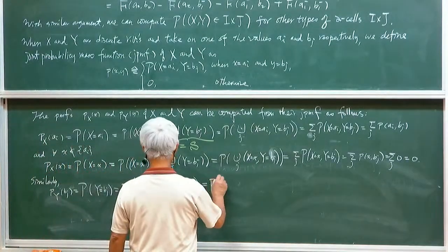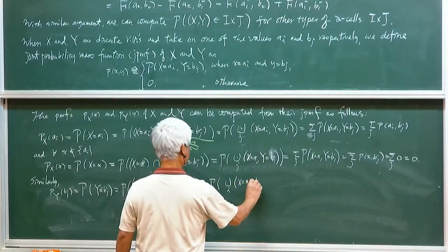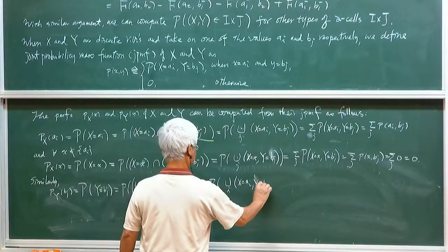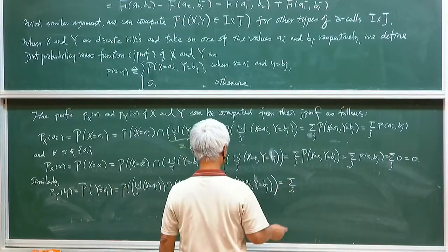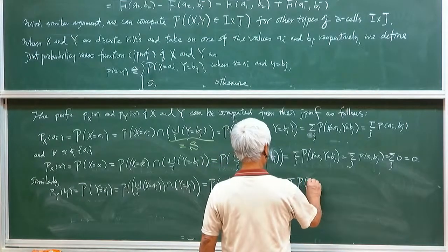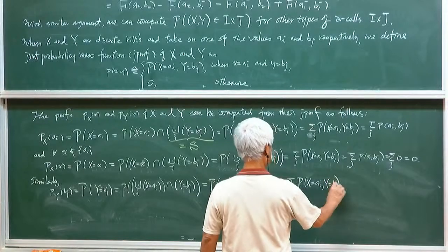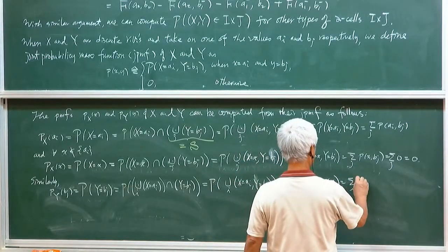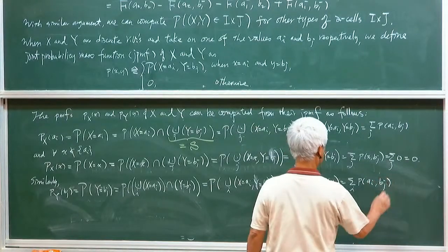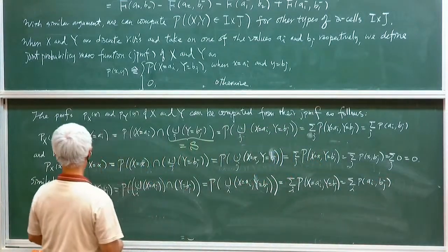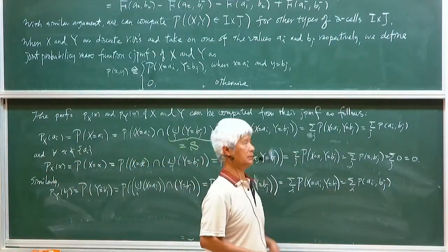So this is summation over i of the probability x equals a sub i, y equals b sub j, which is summation over i of p of a sub i and b sub j.